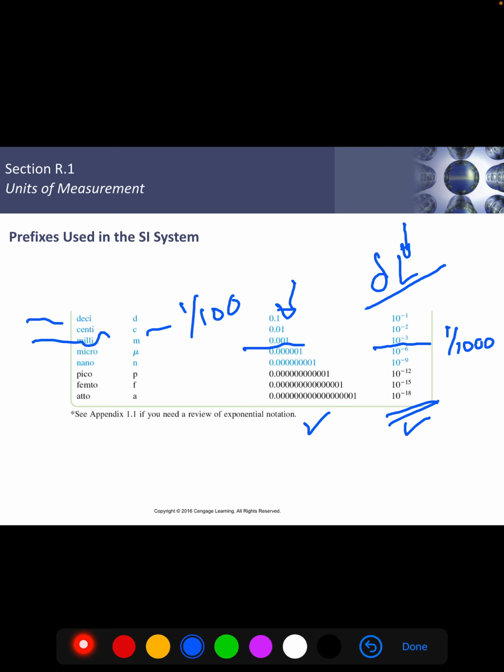Micro means 1/1,000,000th, okay? So, if you notice, after the first two, they go in thousandths. A micrometer is 1/1,000,000th of a meter. It's a very handy dimension when talking about cells.